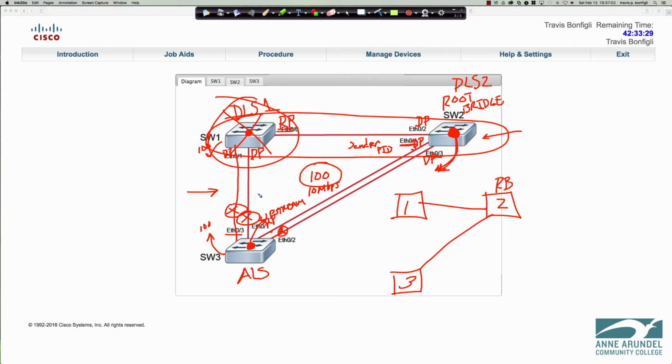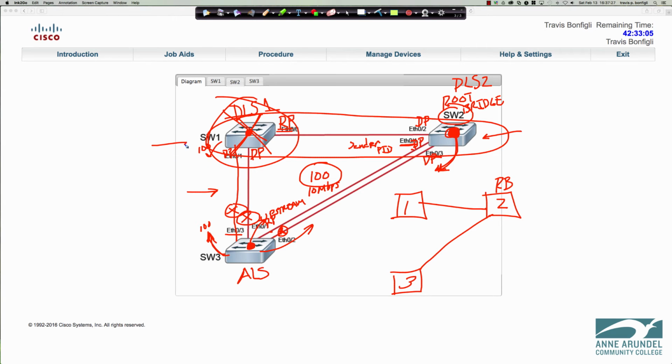And what I mean by deterministic failure is that when that switch blows up, you know exactly how things are going to reconverge, which means this switch over here becomes the primary root bridge, and now we start forwarding this way instead of maybe forwarding that way, right?